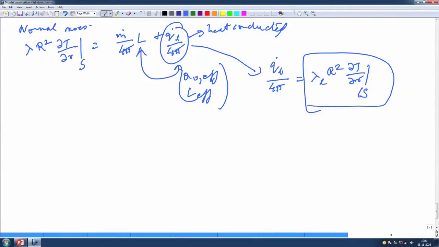So in that particular case, if you look at this expression once again, this shows that it is on the liquid side of the interface. We normally do not know what this conducted heat flux value is going to be. It is nominally unknown.